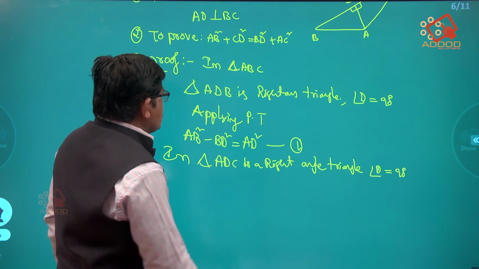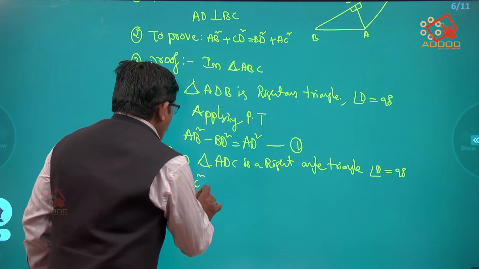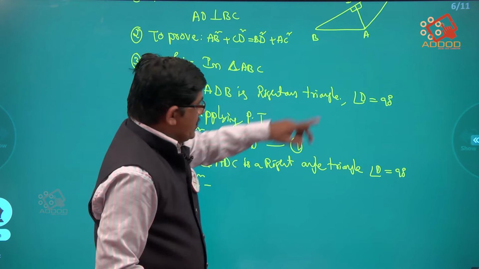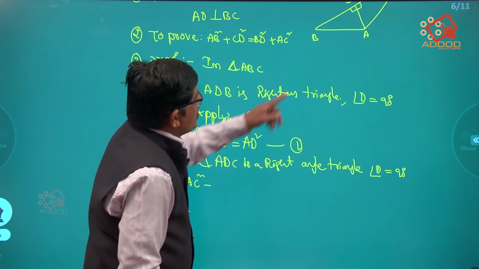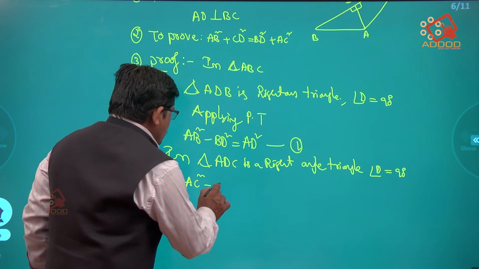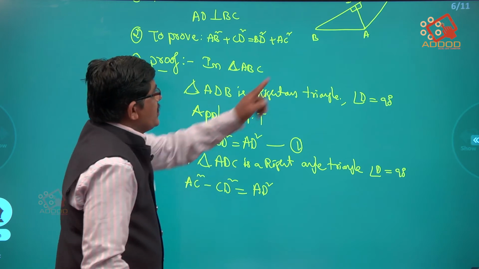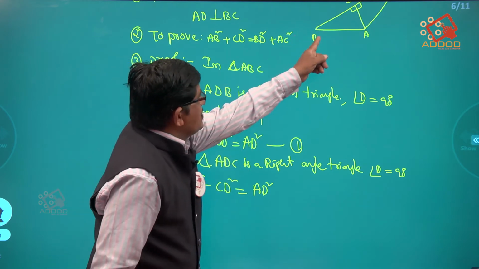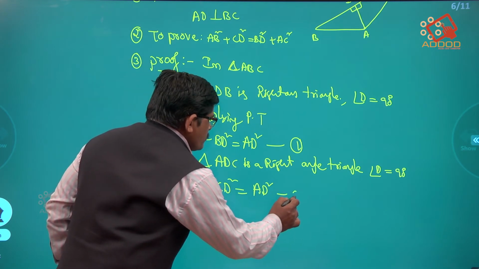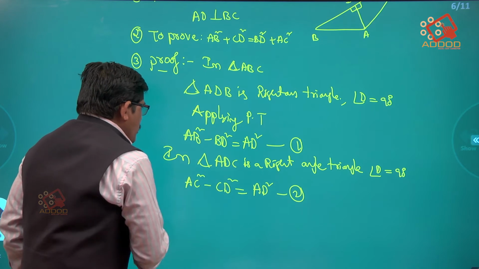AC square minus CD square is equal to AD square. This is equation number 2. Now take these two equations and solve them.